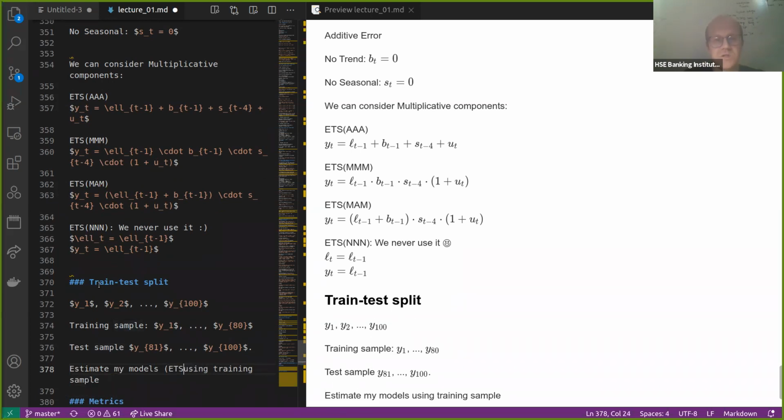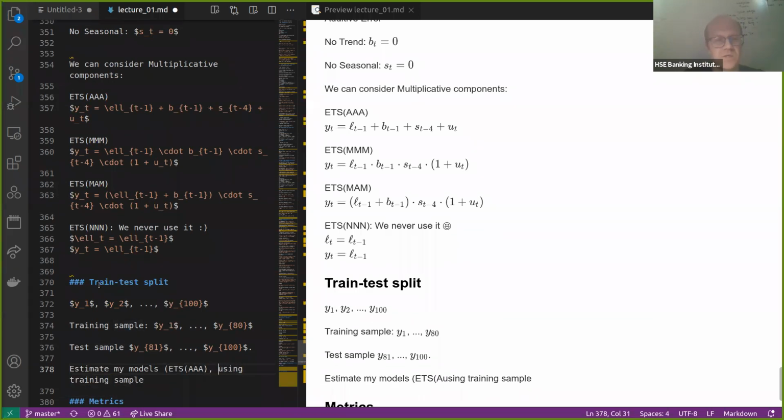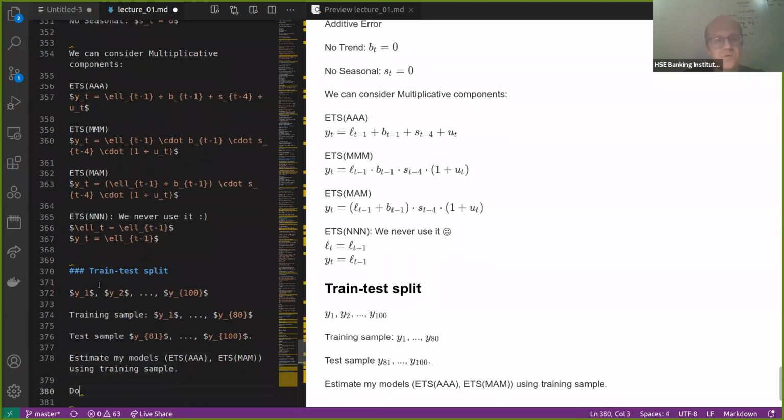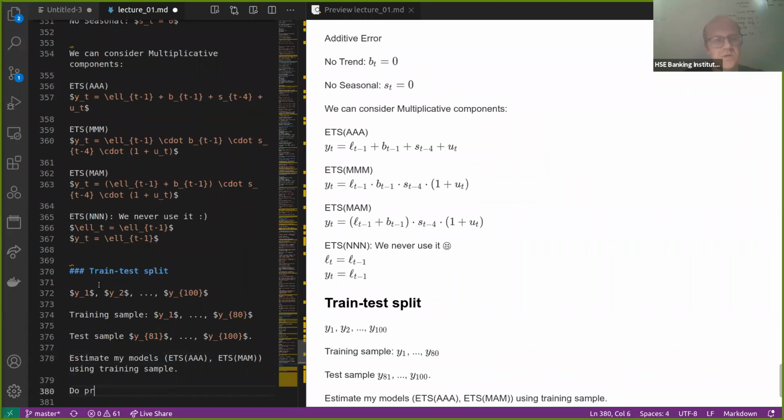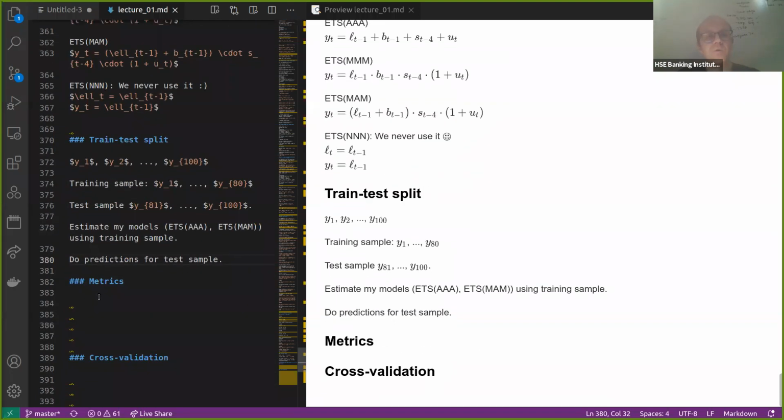There are many more models, but let's assume that we have estimated two models using the training sample. Then I do predictions for the test sample, because I can predict using models. And then I need to evaluate them.